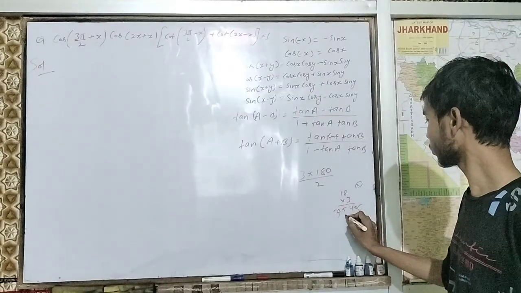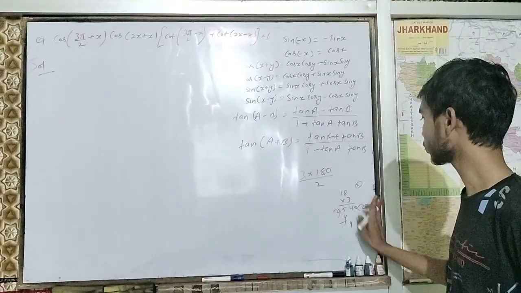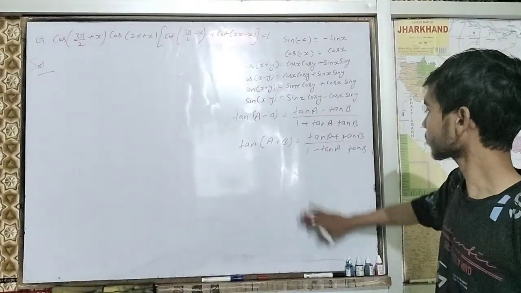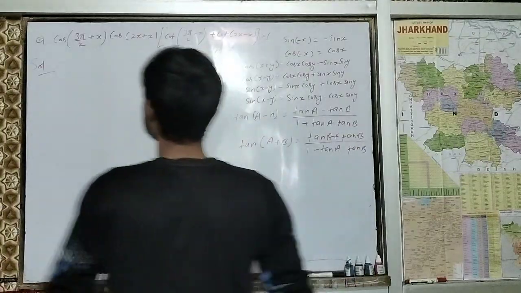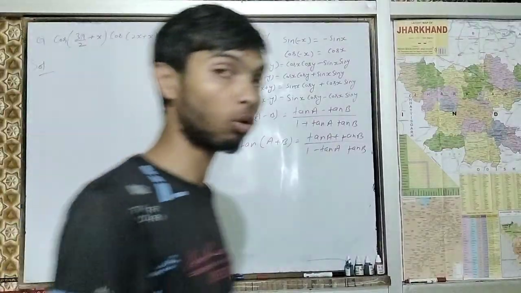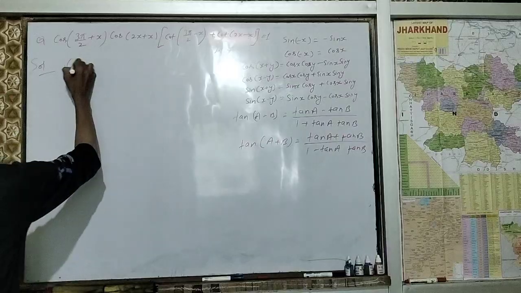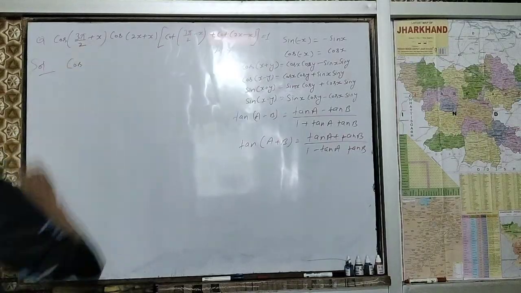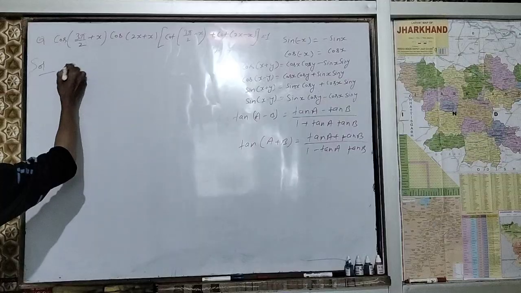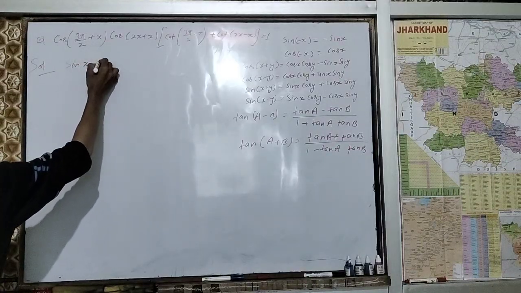Yes, 270. So 270 plus x is going in the fourth quadrant, so this will be positive. And here it is 270, that's why it will be converted into the opposite function, another, sine x.